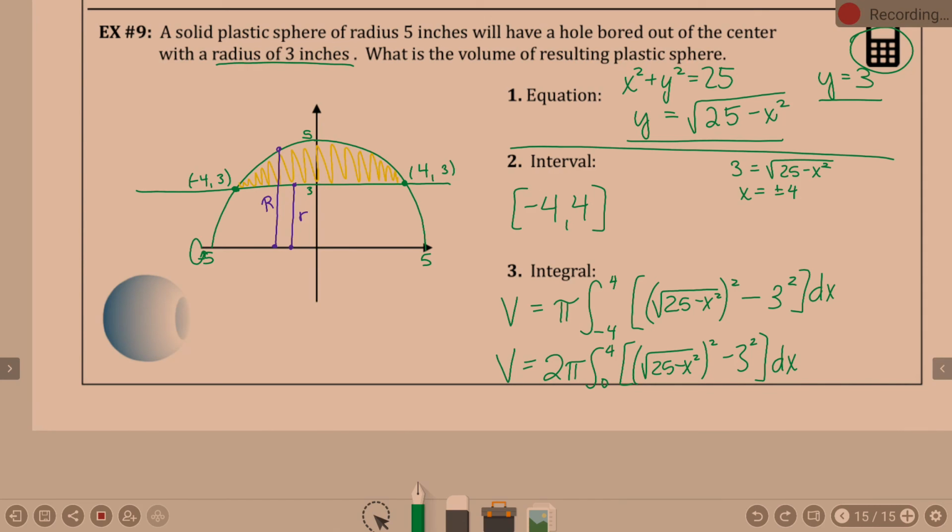Okay. Either way, it doesn't say answer on here, but I have an answer written down. Do we get one? 268.08 units cubed.